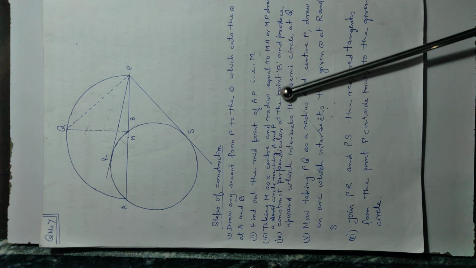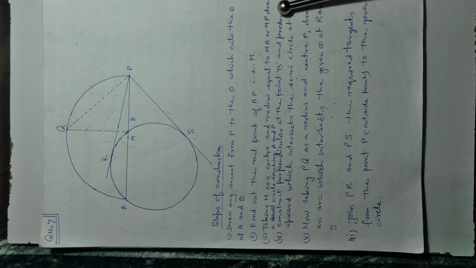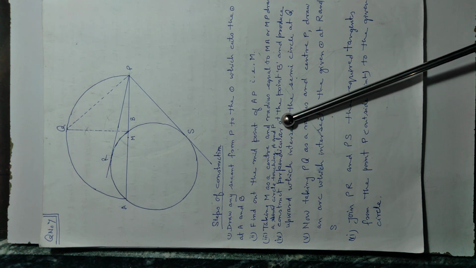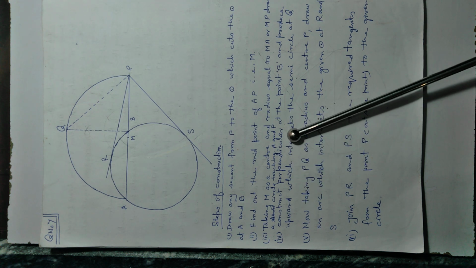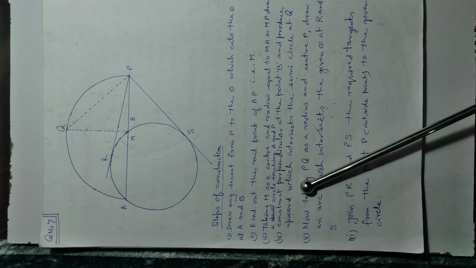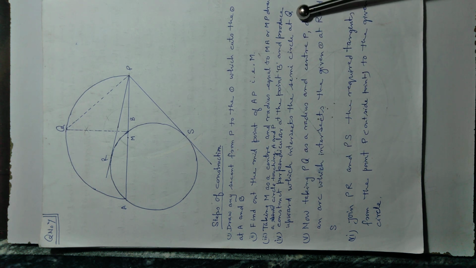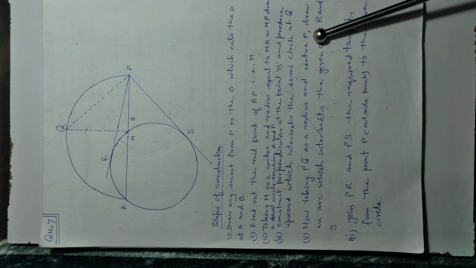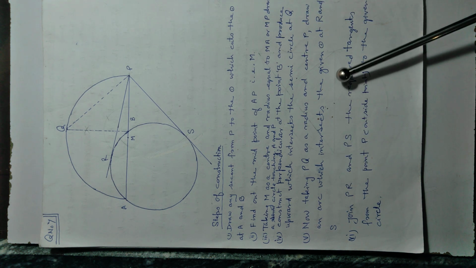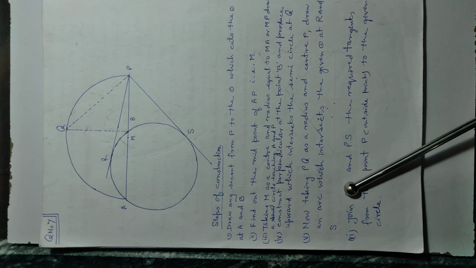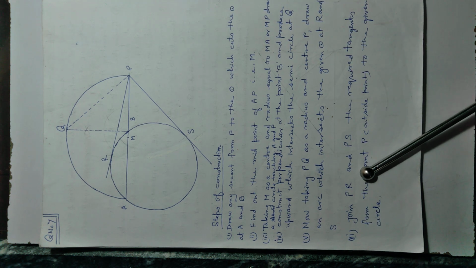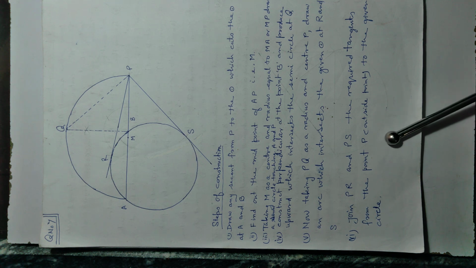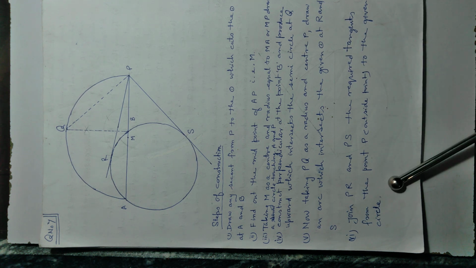Taking M as a center and radius equal to MA or MP, draw a semicircle touching A and P. Construct a perpendicular at the point B and produce upward which intersect the semicircle at the Q. Now taking PQ as a radius and the center P, draw an arc which intersect the given circle at R and S. Join PR and PS, the required tangents from the point P outside the circle to the given circle.